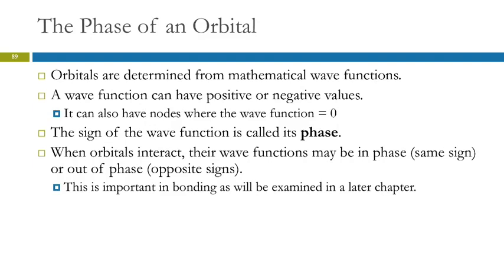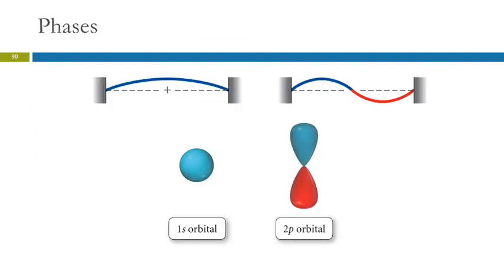This is going to be really important later when we talk about bonding and how these orbitals interact with each other. Here we have an s orbital, and at any given time, it only has one phase. It's either going to be positive or negative. In the p orbital, one lobe will be positive while the other's negative.